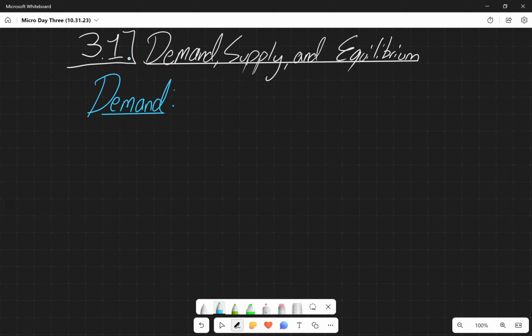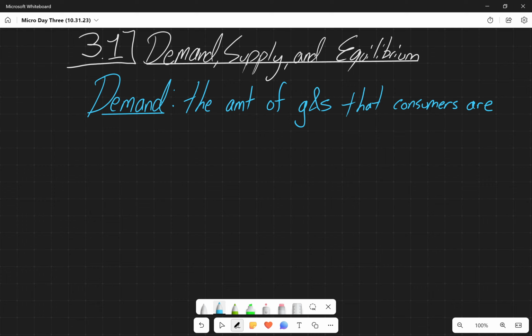It is the amount of some good or service that consumers are firstly willing, they have a desire to purchase it, and able to purchase it.